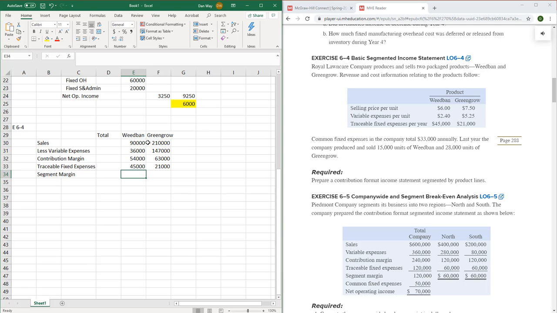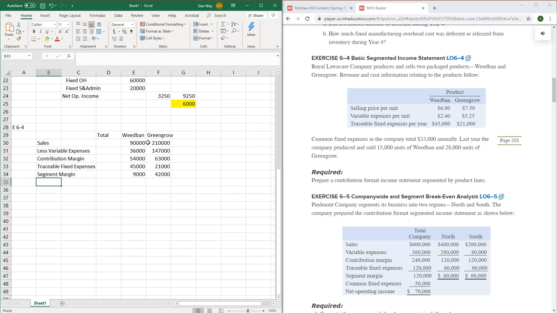And again, from our notes, that's our best indicator of the potential profitability of each individual segment, because we're not dumping the common fixed costs on them. For the Weed Ban here, that's their contribution margin of 54,000 minus the traceable fixed of 45,000. For the Green Grow, the 63,000 in contribution margin minus 21,000 in traceable fixed.